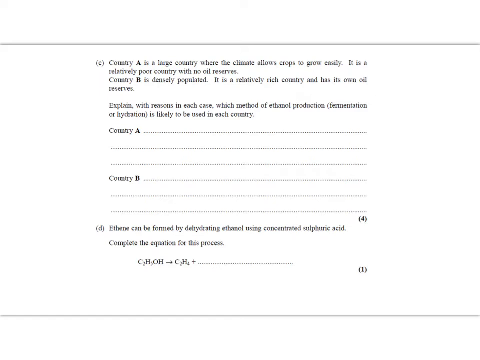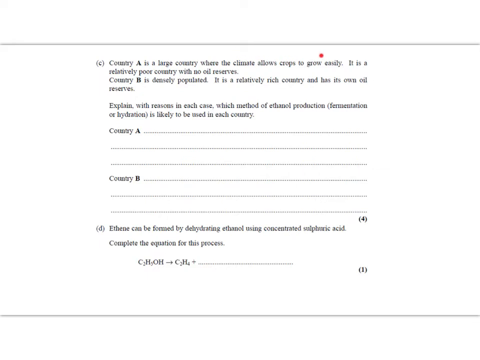Okay, so here we go. In this question we're asked to evaluate which production technique is used by each country, and there are lots and lots of factors which we are told here. Country A is large, so it's got a large land mass, large area.